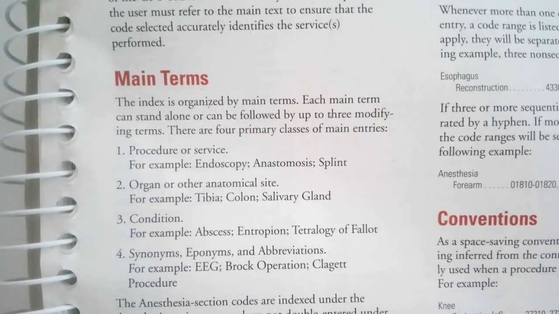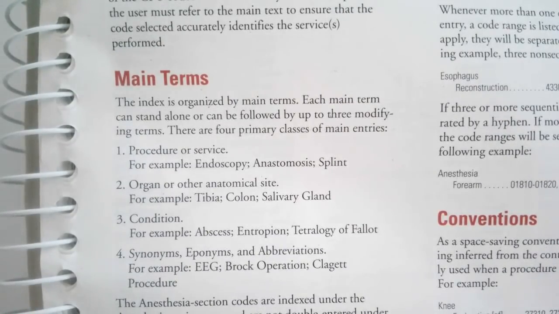What this essentially means is, as you dissect your procedure or service note, and the next step is for you to identify the CPT code, there are one of four possible ways to locate the code. And you, as the user of the manual, it's really trial and error that you learn which main term will actually work for a particular service.